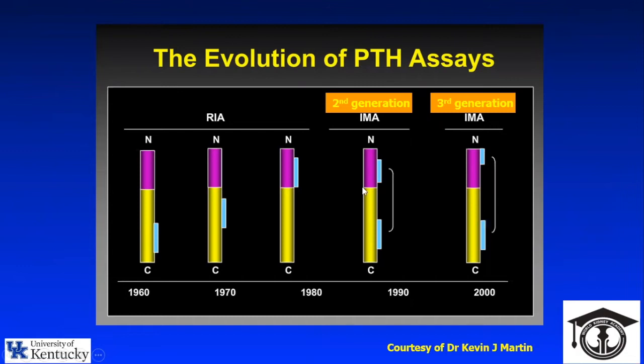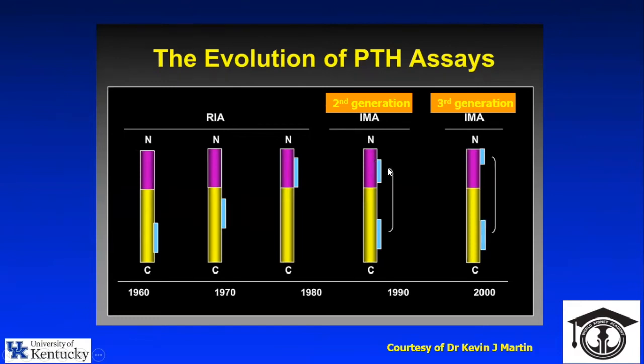Over time, in the last 6 decades, we have had evolution of the PTH assay, from the first one here that was polyclonal in the C terminal, to the radioimmune assay, when we started moving from the terminal part of the C terminal to the mid portion, then to the N terminal, the amino acid terminal, not the C portion. Then in the 1990s, we moved from the radioimmune assay to the immunometric assay.